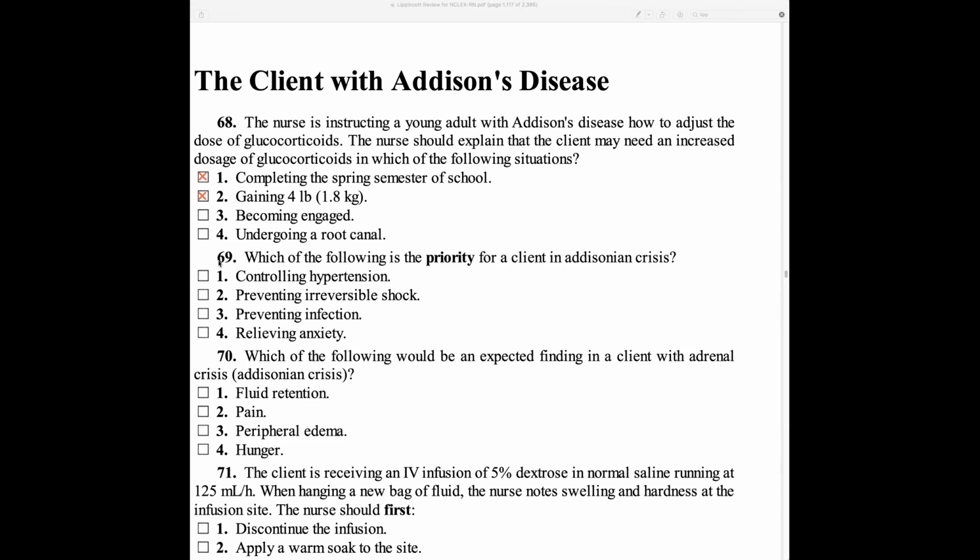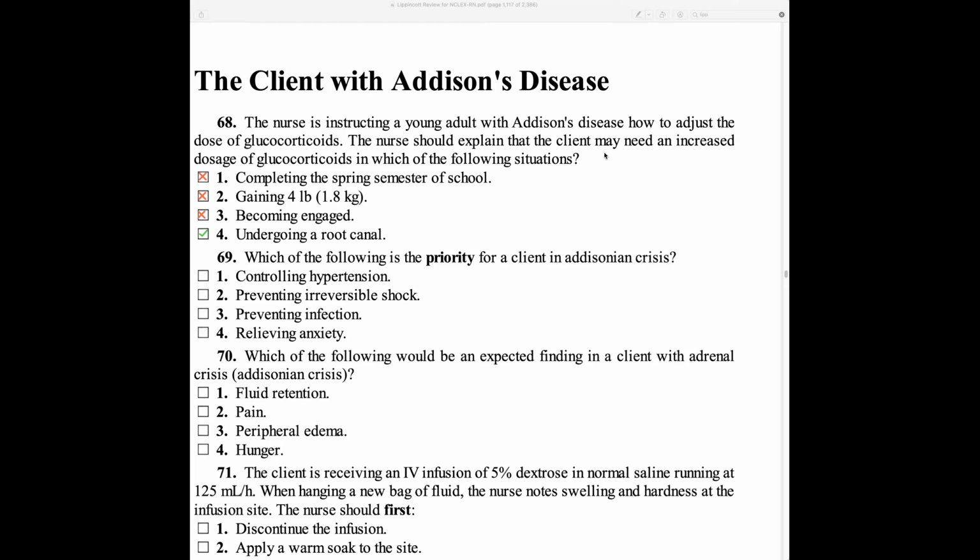So I wouldn't consider that physical stress. Becoming engaged, that's more like mental stress, right? So in the study guide, it says you're going to have to increase them during times of physical stress like infection, trauma, or surgery. Is a root canal surgery? Yes, it is. So the correct answer is four.